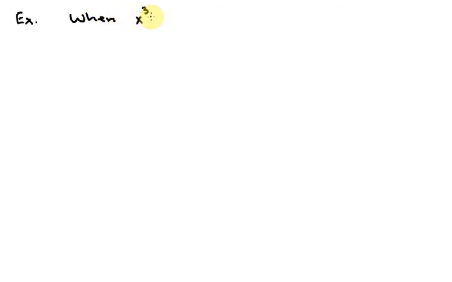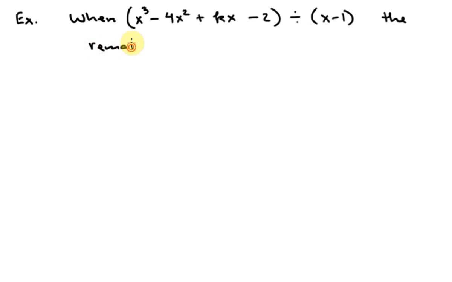So when x cubed minus 4x squared plus kx minus 2 is divided by x minus 1, somebody says the remainder turned out to be negative 1. So the remainder is negative 1. And what we're going to try and do is determine what k is.